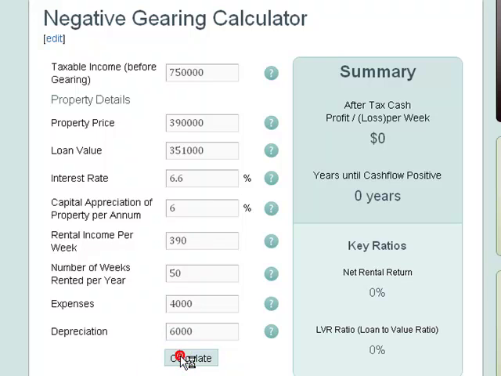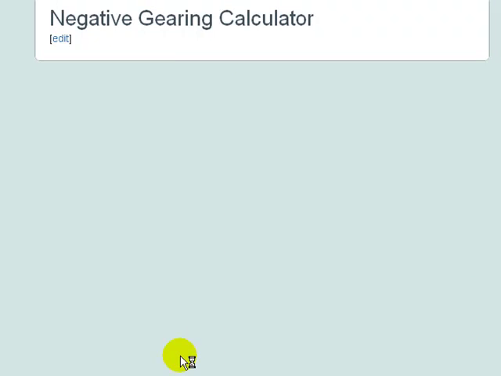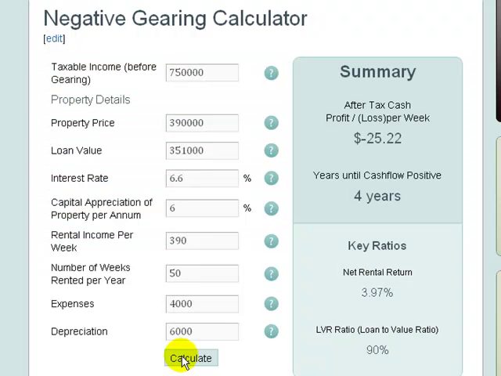So we click calculate, and we see that the after-tax cash profit or loss per week is $25 a week. So it's going to cost you, on this basis, for someone earning $75,000 per annum, $25 per week. And it's going to take 4 years, assuming that rents go up with capital appreciation.